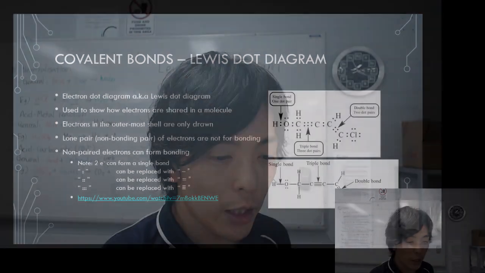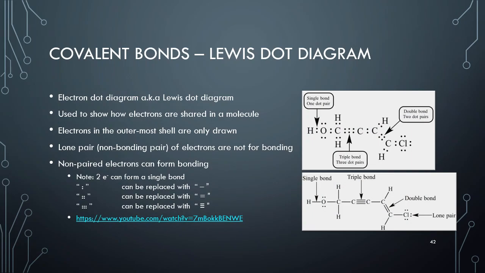In this diagram here, you see a single bond happening between oxygen and hydrogen, and oxygen to carbon. Do you see this carbon sharing 3 electrons, and this carbon sharing 3 electrons? That makes 6, so that will be a triple bond.